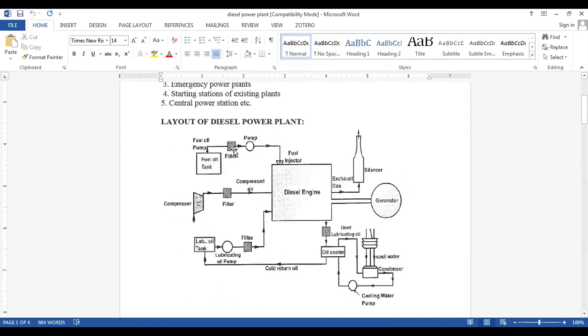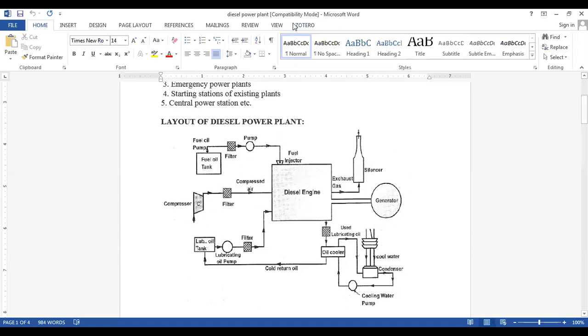The input fuel, that is the diesel, is filtered and pumped into the diesel engine. Then there is the air supply system. The air is taken from the atmosphere, which is then compressed, filtered and entered into the diesel engine.